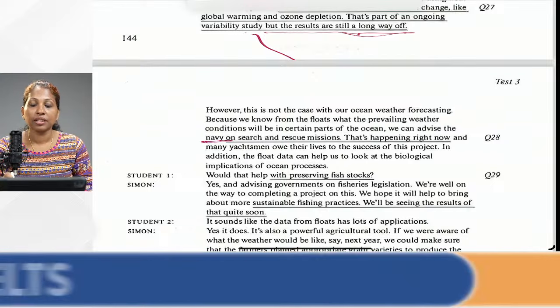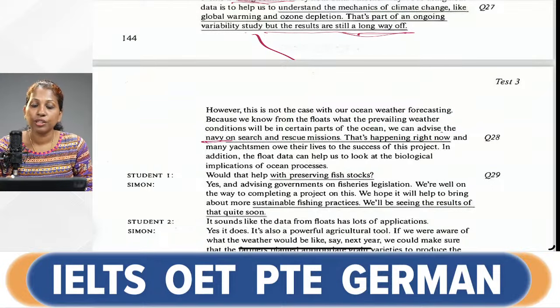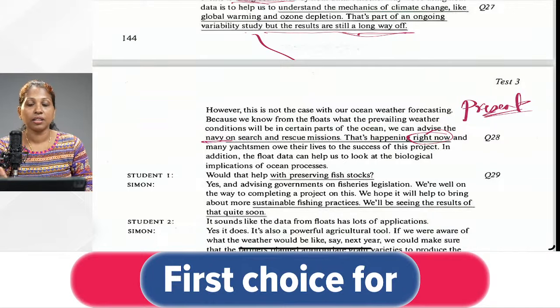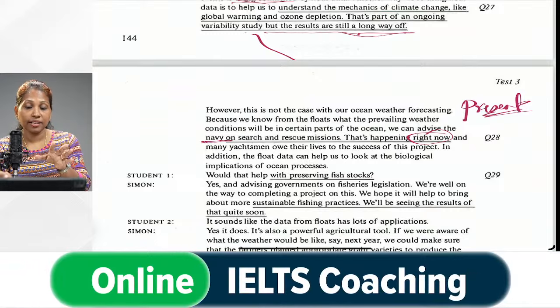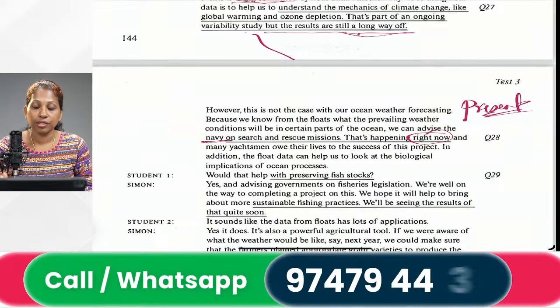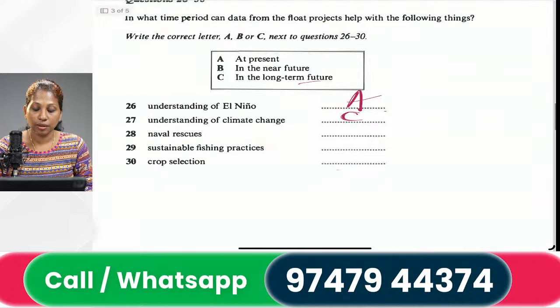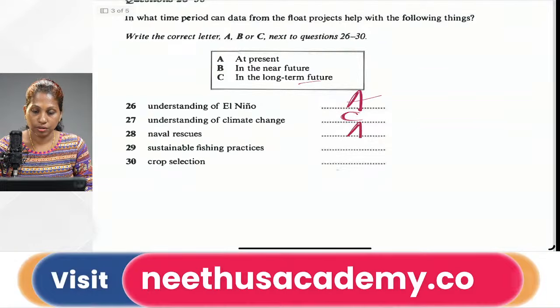That's happening right now. Right now means present. At present. So that is something helping with the naval system that is happening at present. For that the option will be A, which is again at present. So that is the correct one.